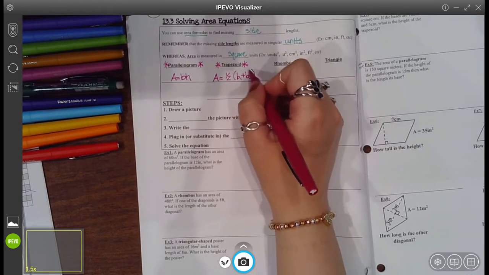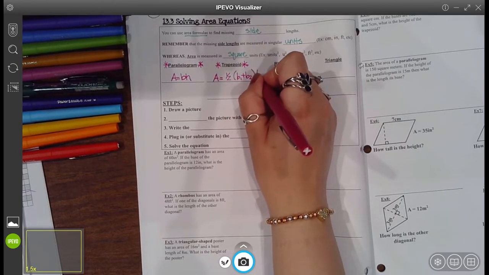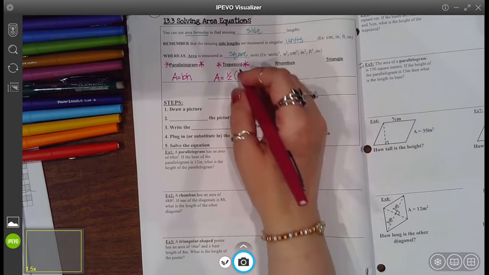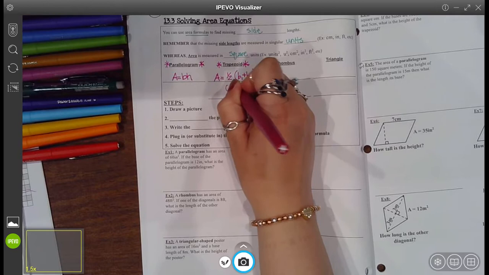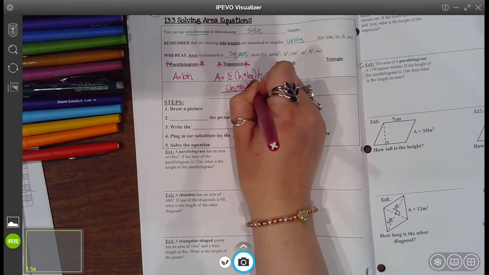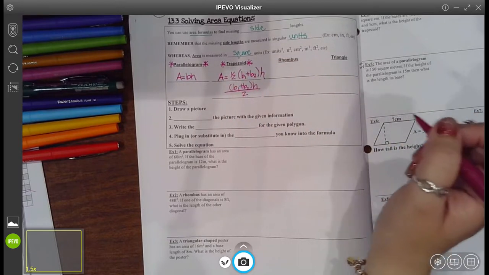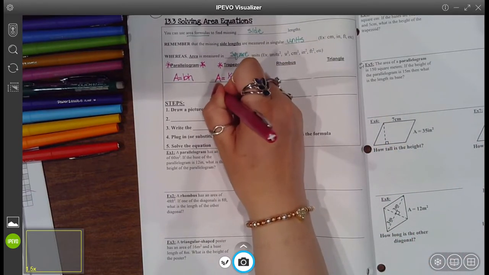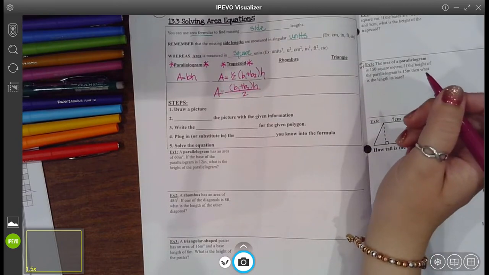So you add the two base lengths together, multiply it by the height, and then divide it by 2. So you can write the formula like this or like this, because multiplying by 1/2 is the same thing as dividing by 2. So either formula is fine. It's just a matter of preference.